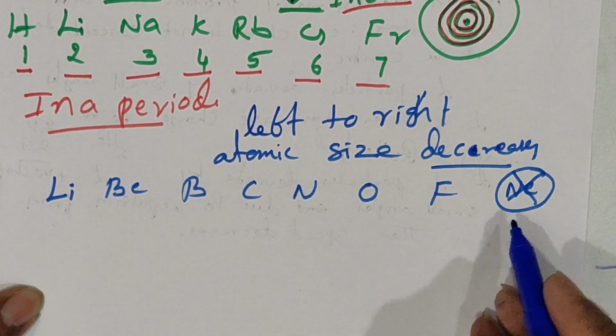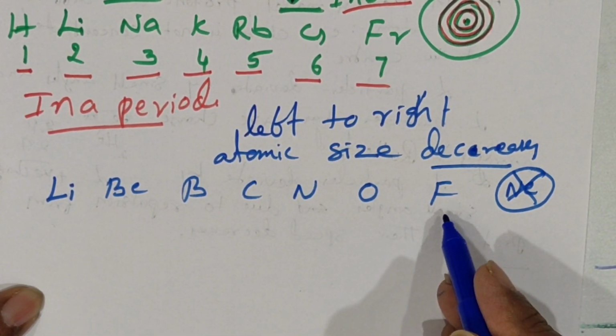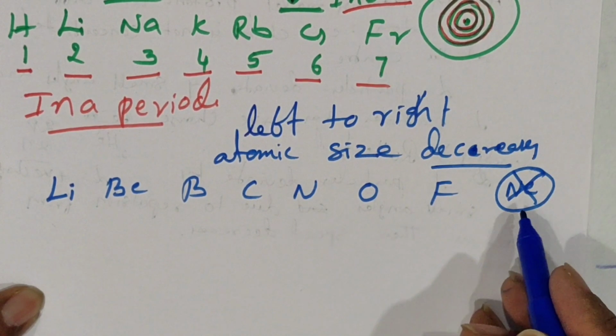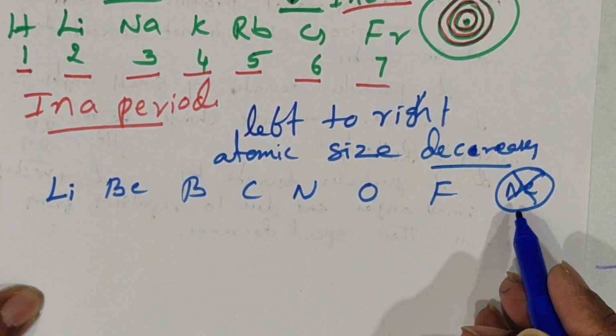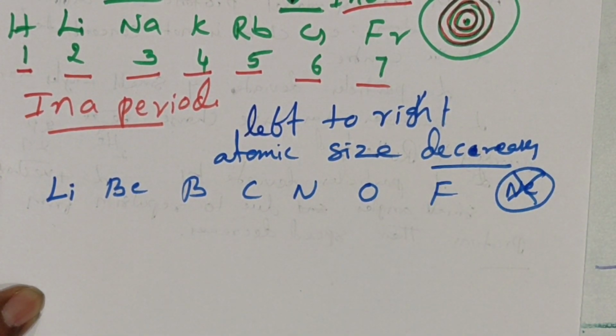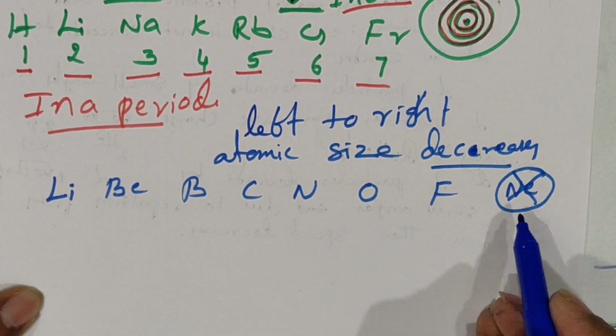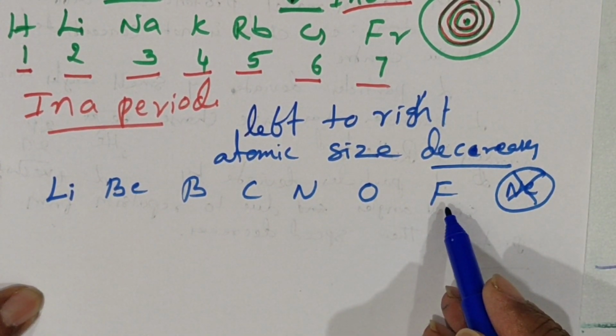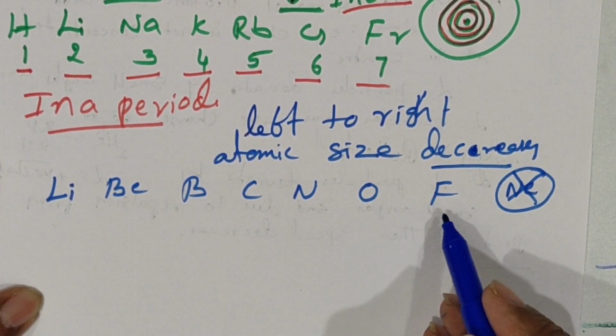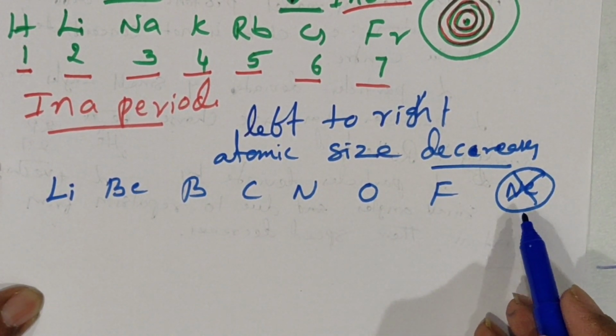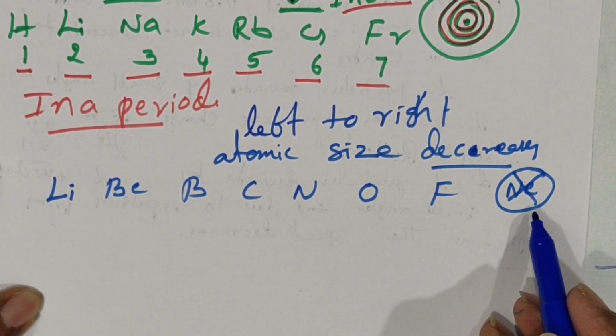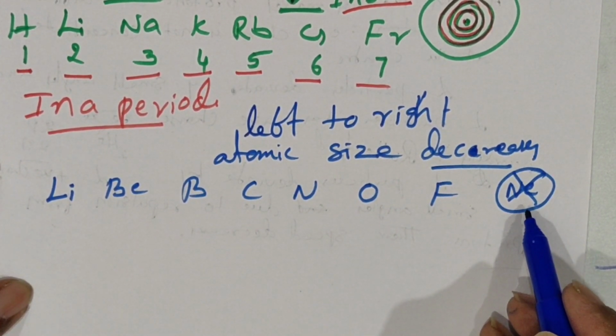That's why they are bigger than 7th A group elements. Inert gases belong to 8th A group, and they are bigger than 7th A group elements because their radius is measured using van der Waals radius.